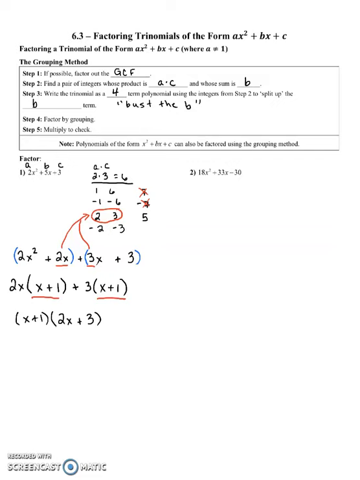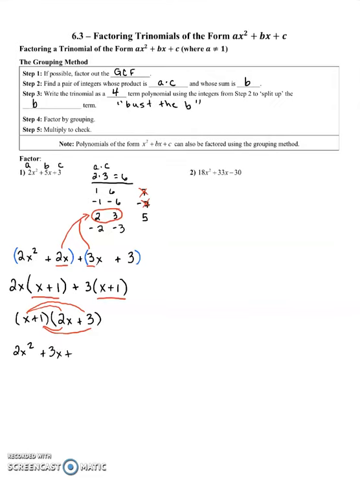And of course, we can FOIL, if you recall, to check our answer. So x times 2x gives us 2x squared. X times 3 gives us plus a 3x.